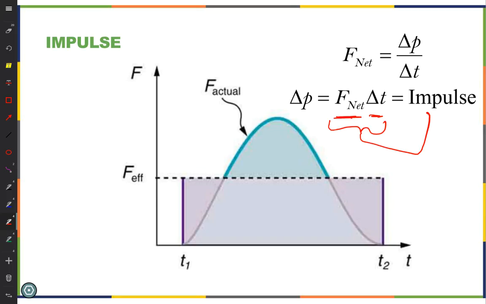So when you get in an accident, that seatbelt is going to expand a little with you. And if it expands a little with you, that's going to elongate the time to stop. It's going to make it a longer time for you to stop. Well, if it makes it a longer time to stop, what effect does that have on the force you receive from that seatbelt? It lessens it. So it makes it less damaging.